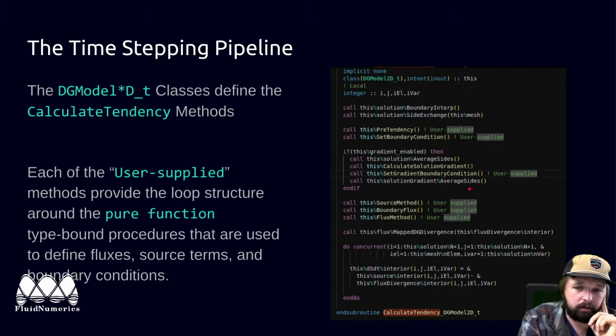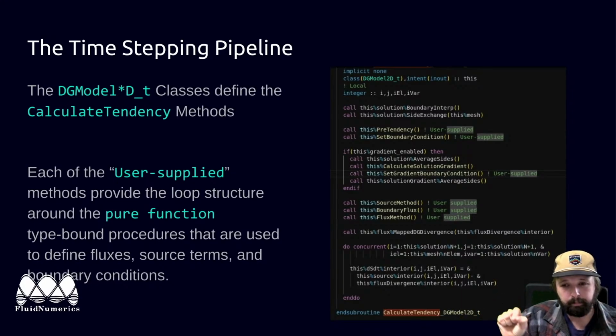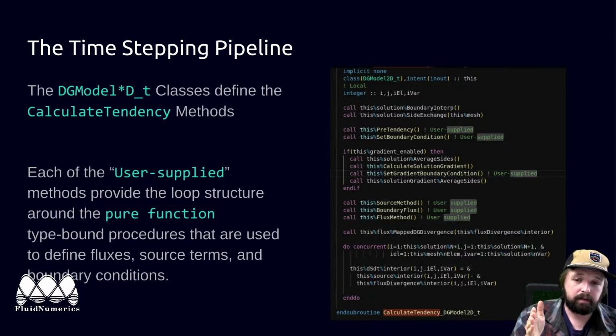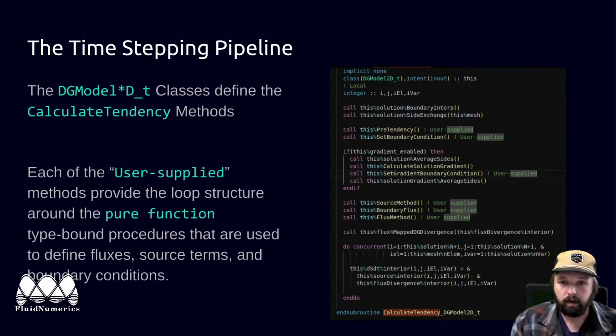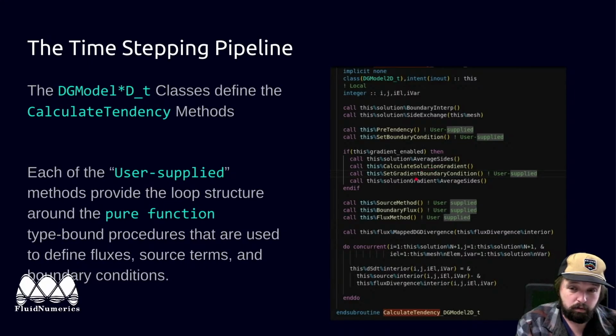So Bassey-Rebay, essentially you're still going to do a weak form of the gradient, and on the boundaries, what you're going to use are the average of the state that your element has and the state of what your neighbor's element has at the boundary for the solution value when you're calculating the boundary flux terms for your gradient. Then, once we calculate the gradient, we go through and set gradient boundary conditions that you can also specify, and then we spit out an average of the gradient at each of the sides.